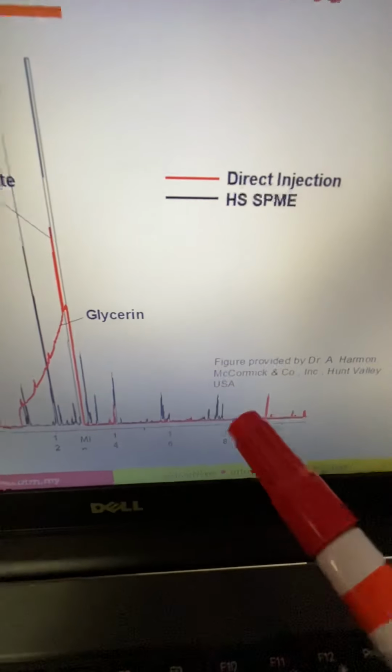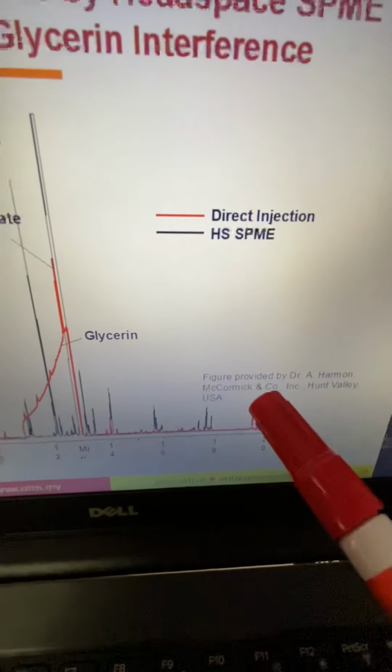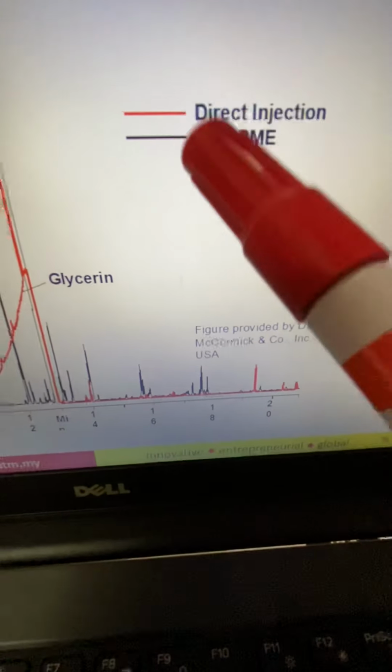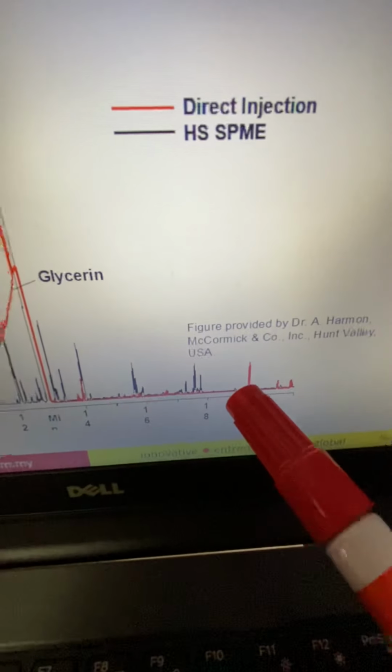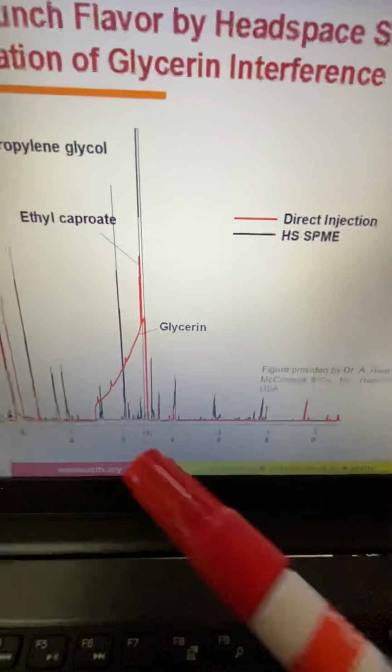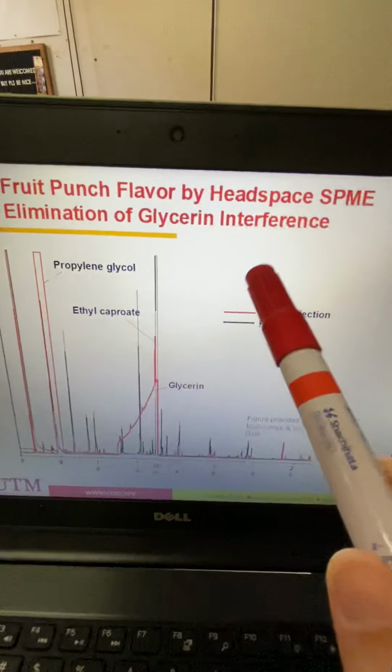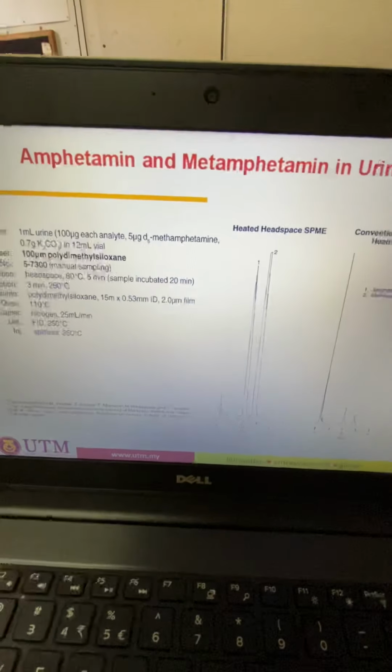And here something is missing. Why? Maybe because this is actually interference from the beginning. So when you do headspace SPME, the interference is gone. Here glycerin is also gone because glycerin is the interference.